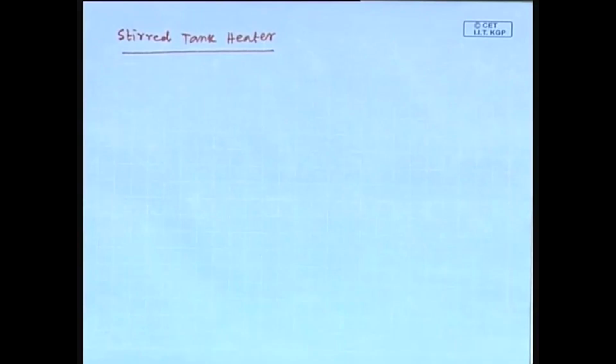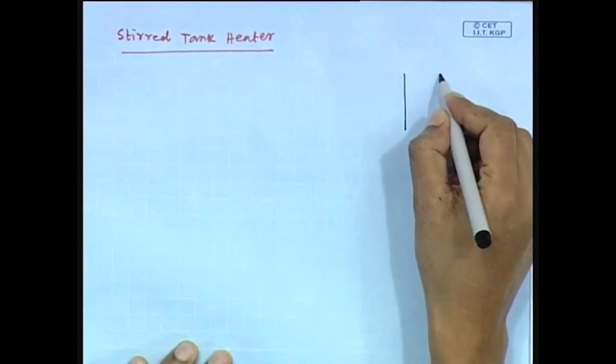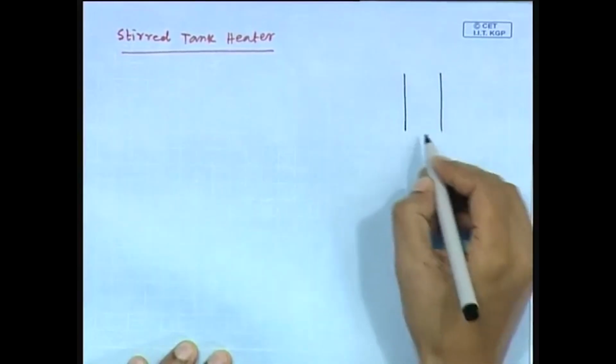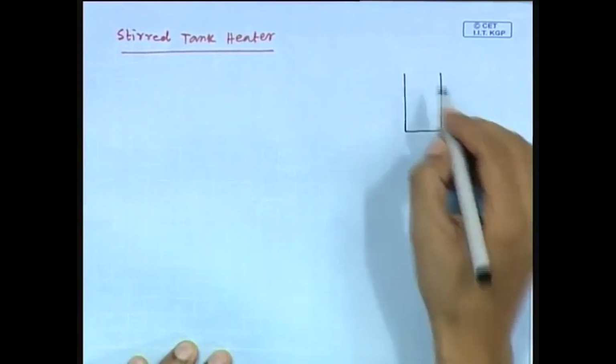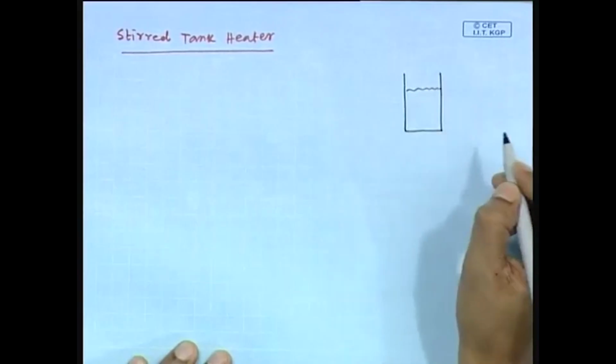So, before analyzing the degrees of freedom, we need the model. First, we will develop the model for this system, and then we will go for the degrees of freedom analysis. The schematic of this system we have to draw first.